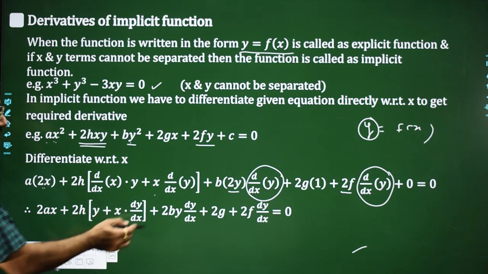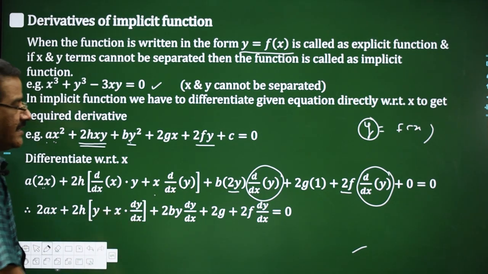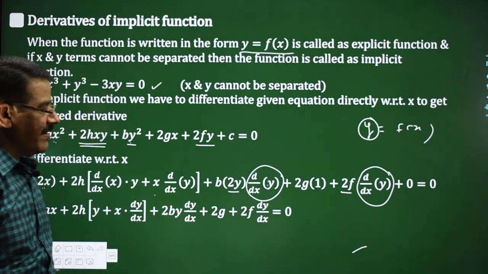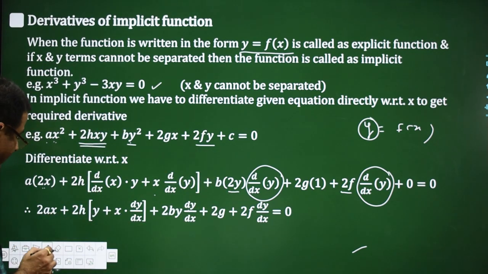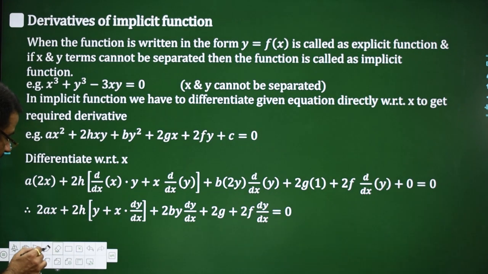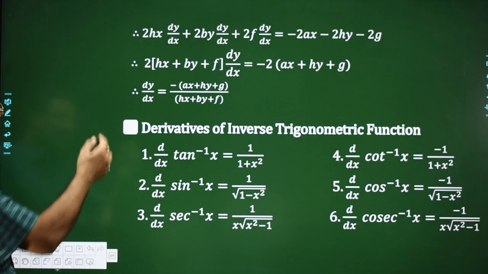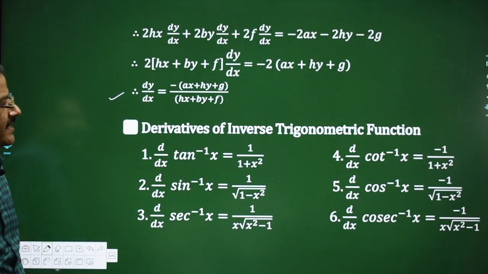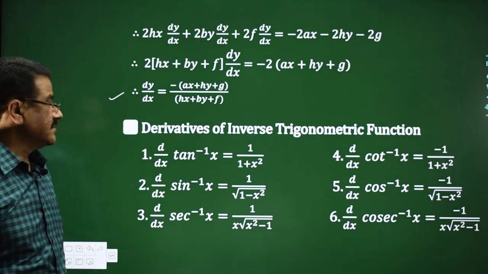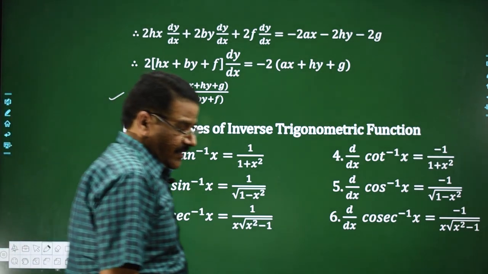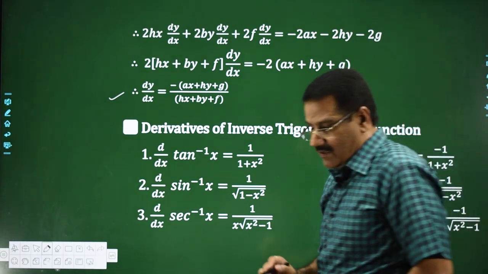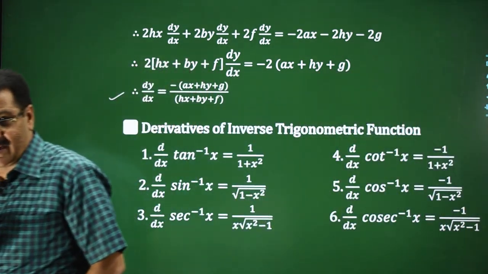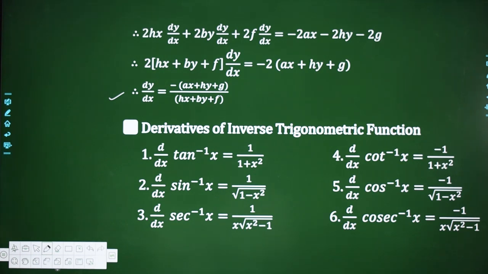Here derivative of y is written as dy by dx everywhere, and then we can simplify it to get the final answer in this manner. So, this is the final answer of dy by dx. We can simplify this. Okay. So, this is an implicit function. Always remember, what do you mean by implicit? That is when x and y cannot be separated.